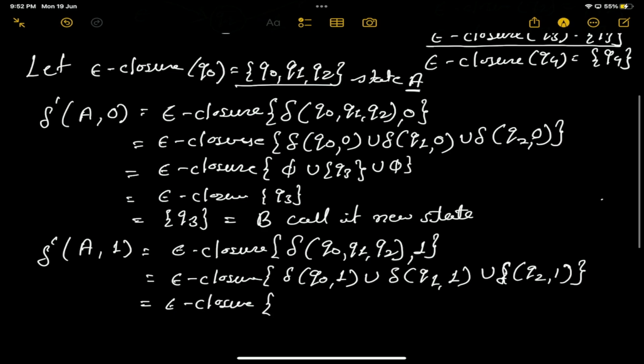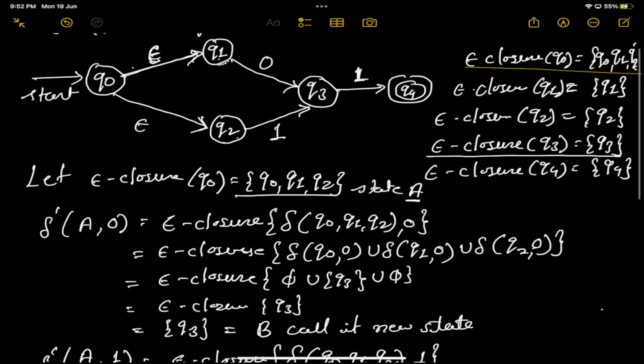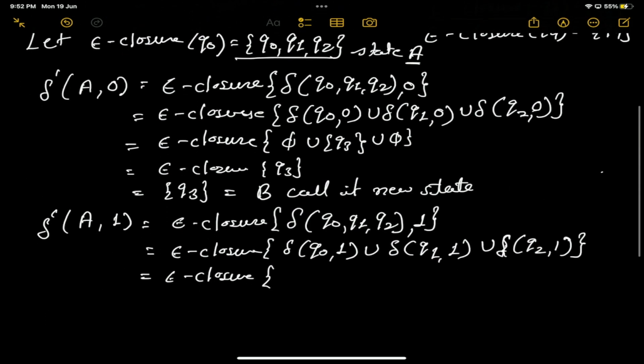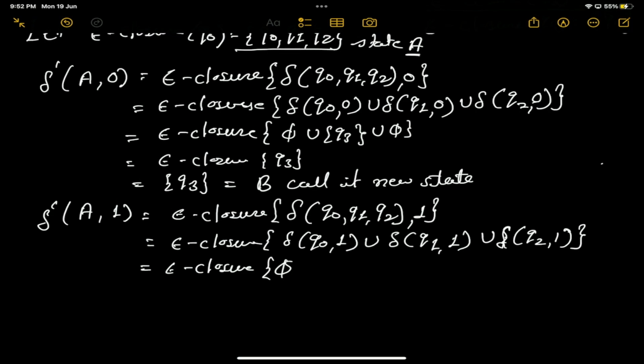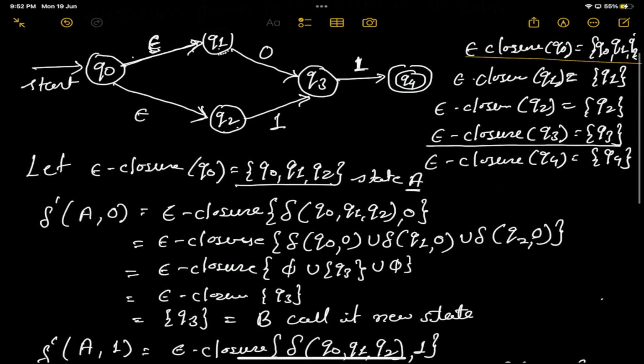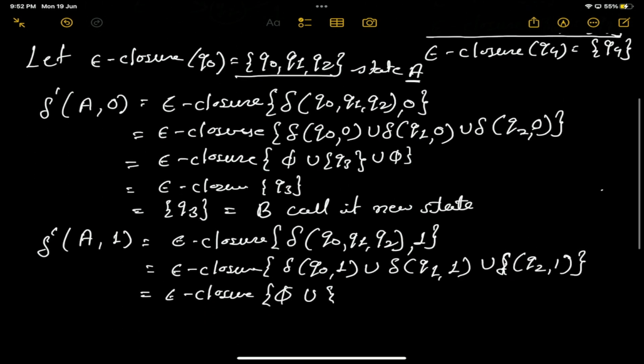Q0 with input 1 has no transition, phi. Q1 with input 1 again gives phi.